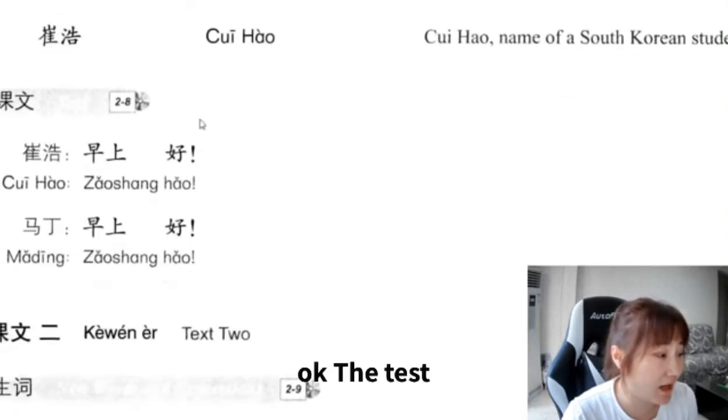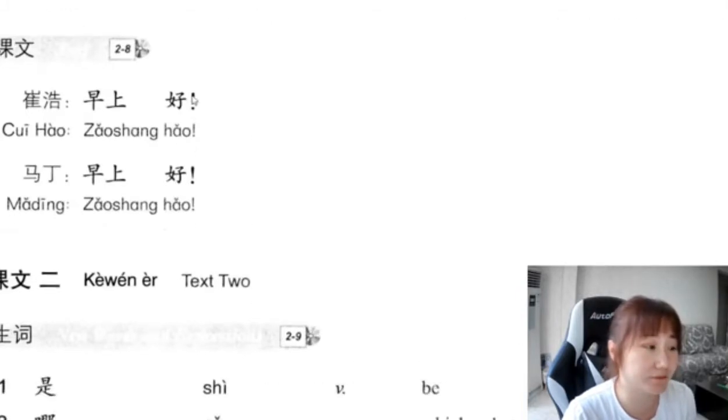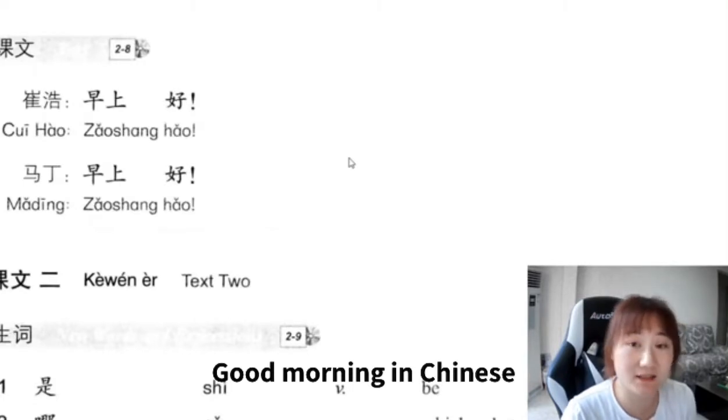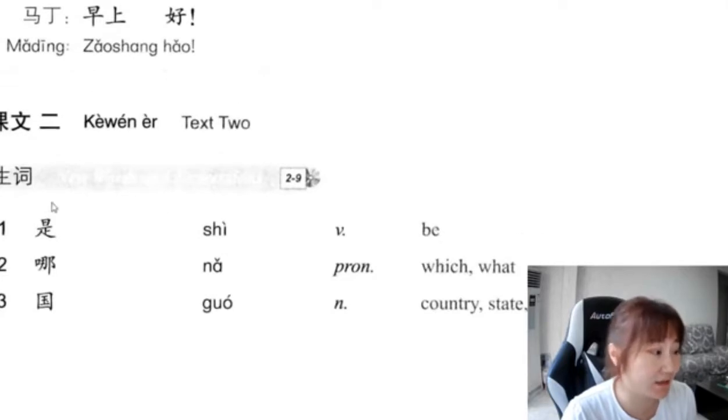Okay, in the text 崔浩 says 早上好 and Martin says 早上好. Remember, good morning in Chinese, we say 早上好. Could you remember? Okay, nice. Very good.